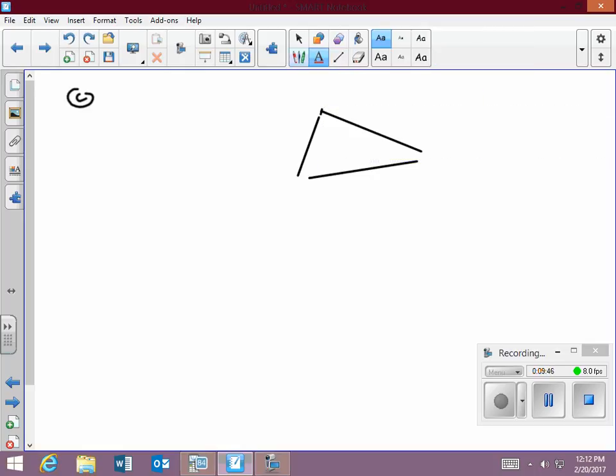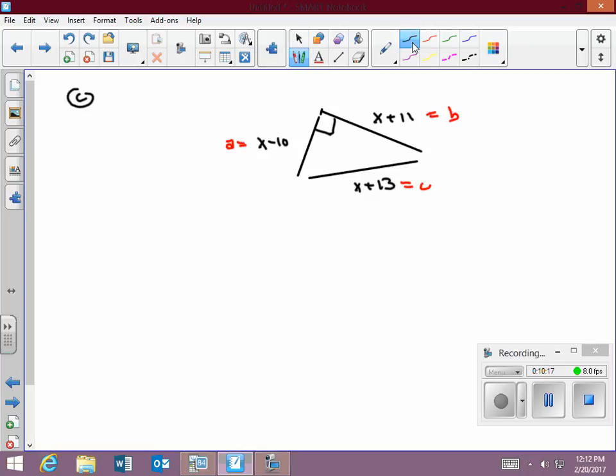Here's your right angle. That's 13. And you could just say this is A, this is B, and this is C. And then by the Pythagorean theorem, you'd have x minus 10 squared plus x plus 11 squared equals x plus 13 squared.